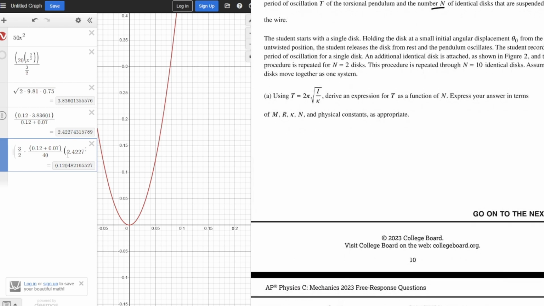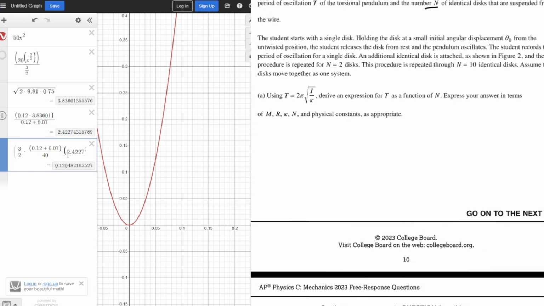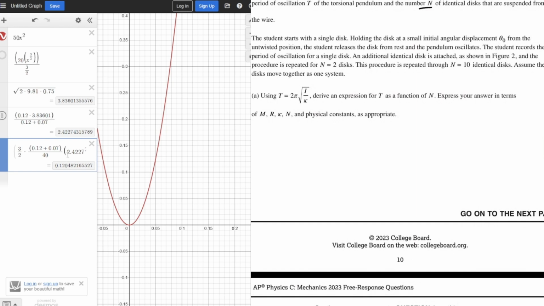The student starts with a single disk, holding it at a small initial angular displacement theta naught from the untwisted position, releases the disk from rest, and the pendulum oscillates. The student records the period of oscillation for a single disk and then adds an additional identical disk, repeating for n equals 2 disks through n equals 10. Assume the disks move together as one system.